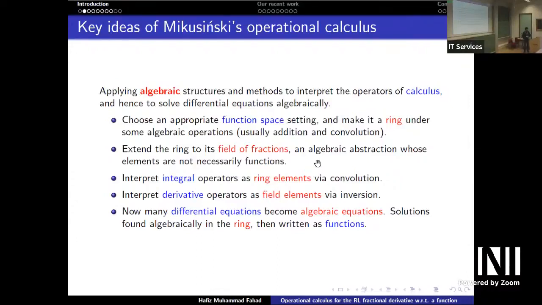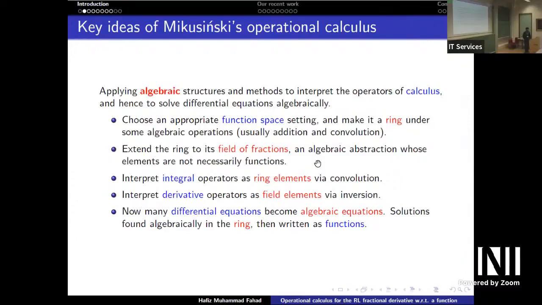Step number 2, we extend this ring to its field of fractions, which is an abstract algebraic abstraction whose elements are not necessarily functions. Step number 3, we express integral operators as ring elements via convolution. Step number 4, we express derivative operators as field elements via inversion.